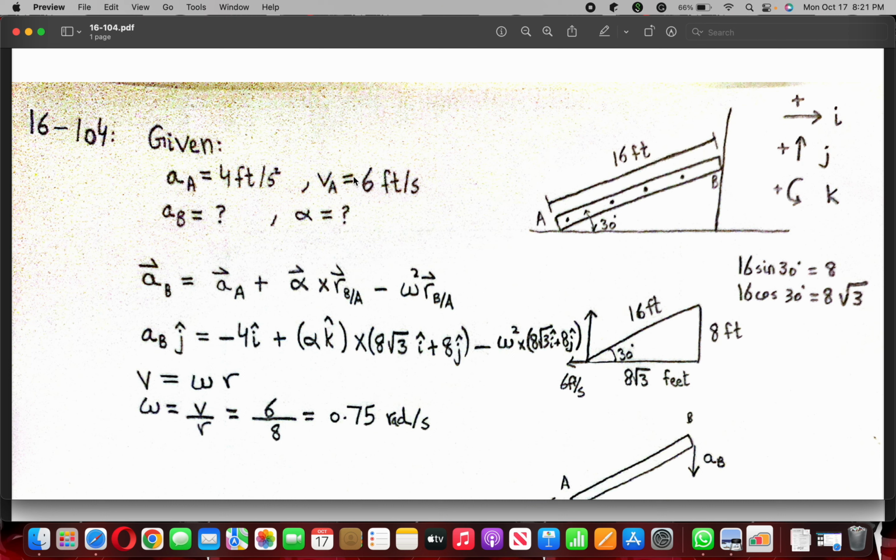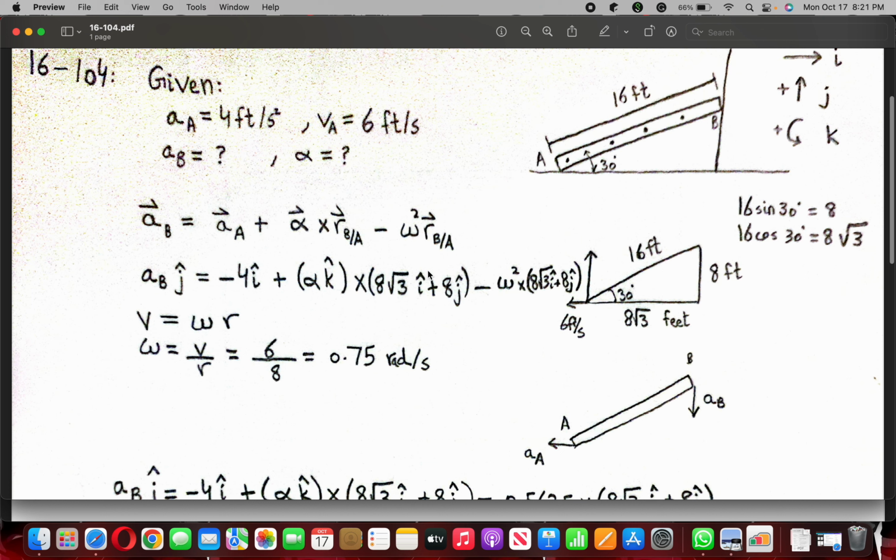We have to find the angular acceleration and the acceleration at point B. For that we use the equation in which acceleration at B is equal to acceleration at A plus alpha multiplied by R, B with respect to A, minus omega squared R, B with respect to A.